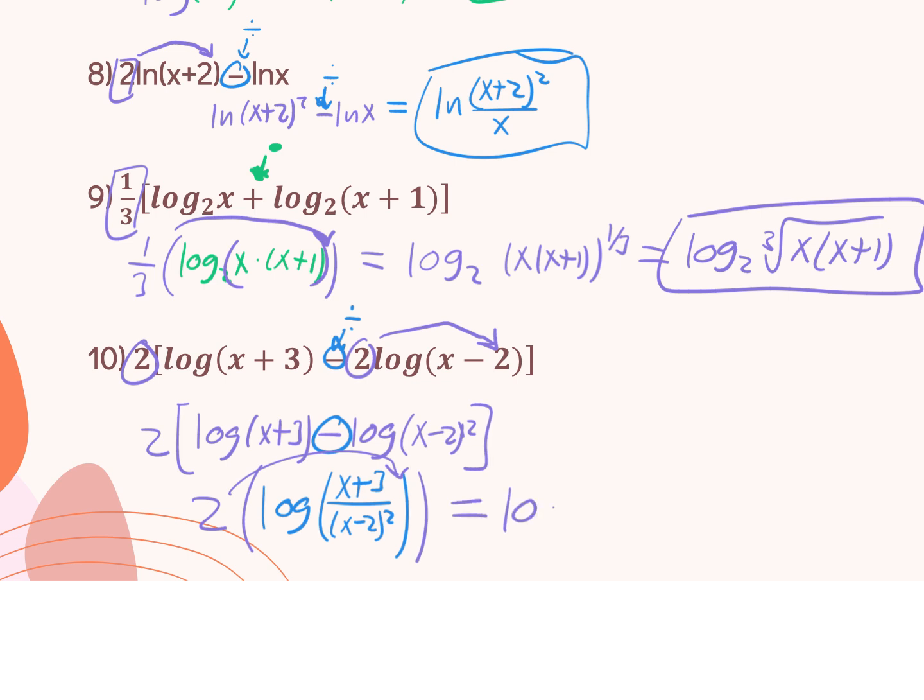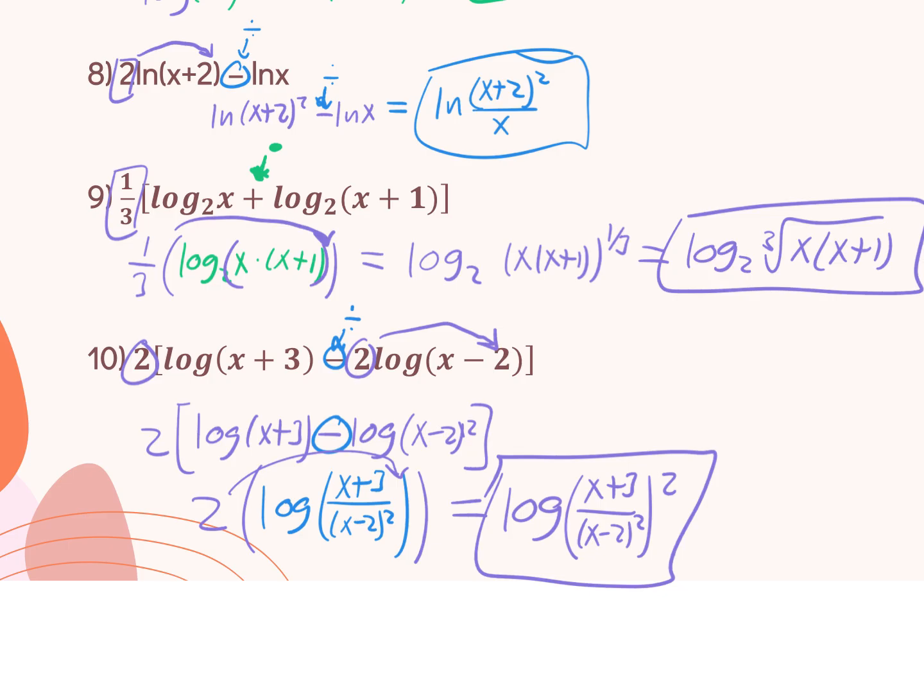And then this is going to become a log of x plus 3 over x minus 2 squared. And then this whole thing is squared. All right, and then so this is our condensed expression, right? I don't see any more plus and minuses between logs, and I don't see any more coefficients. And then this is the fully condensed expression, right?